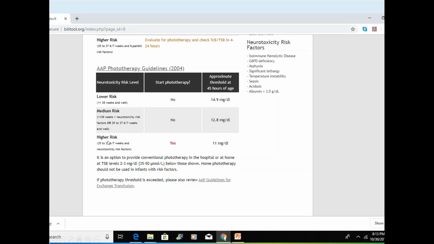So in the case we discussed, 45 hours of age with 12 milligrams, if the baby was 35 to 37 weeks and had neurotoxicity risk factors, you would start phototherapy at 11 milligrams. And if the baby was more mature, or 37 weeks, start at 12.8 milligrams, and if no risk factors, at 14.9.